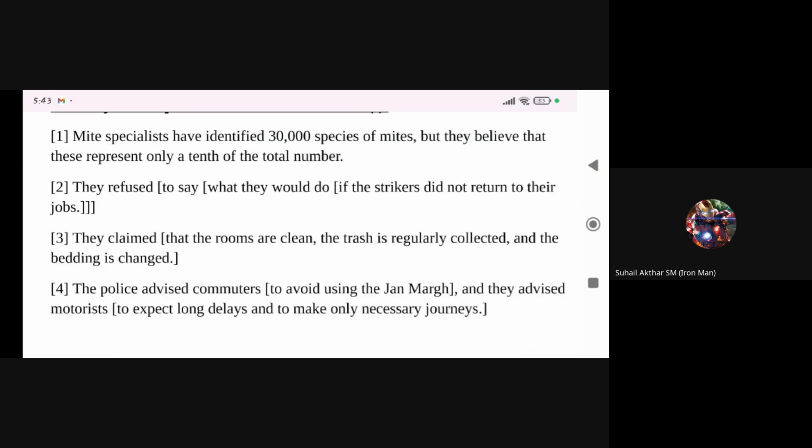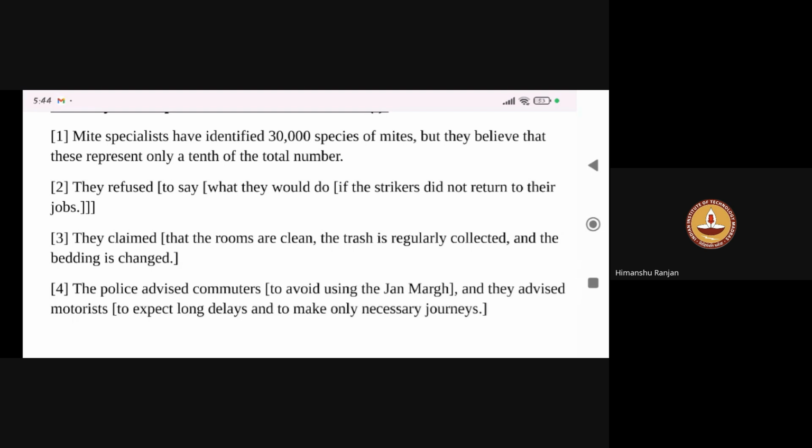Right, now if you look at the second one, right? They refuse to say what they would do if the strikers did not return to their jobs. How many independent clauses, how many subordinate clauses, or are there any subordinate clauses at all? You can make the decision. They refuse to say what they would do if the strikers did not return to their jobs. How many independent clauses? 2. Which are they?